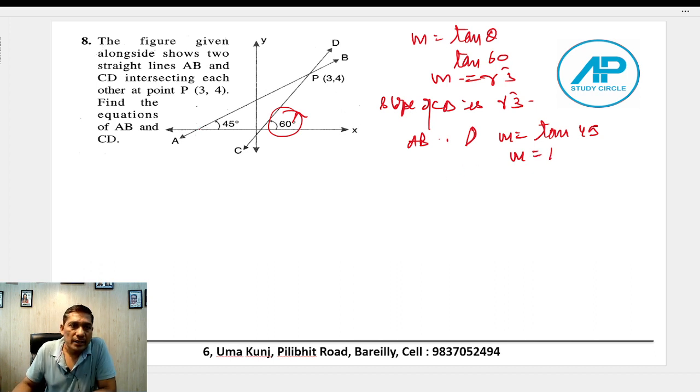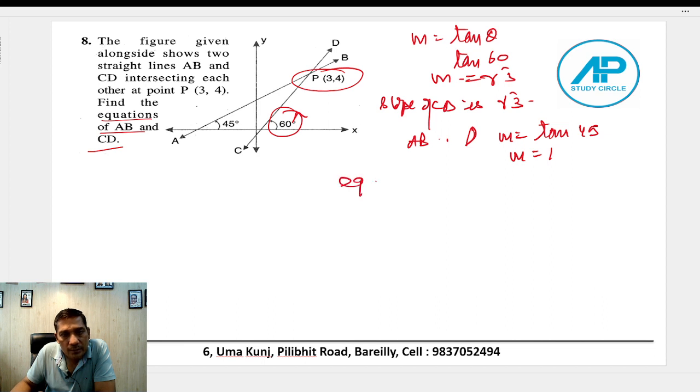So for AB it is 1. Now they are not asking us this, I'm just telling you how to find the slope. They're asking us for the equations of AB and CD. So हमको अगर equation निकालनी है, I should have a slope and a passing point. Passing point is 3, 4, common for all, for CD also and for AB also.